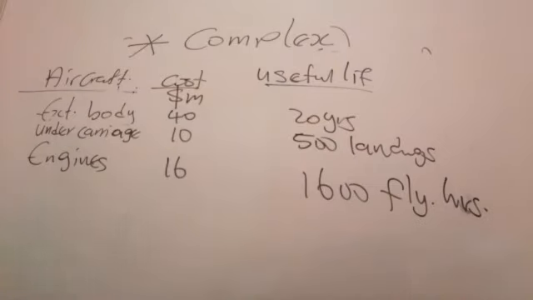So now calculate the depreciation for the first year. If the undercarriage ran for, let's say, 150 flights, and the engine worked for 400 hours.